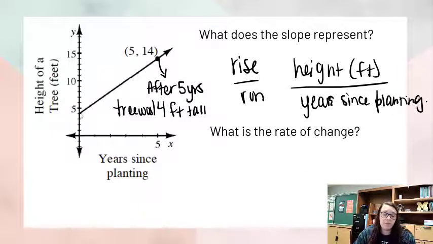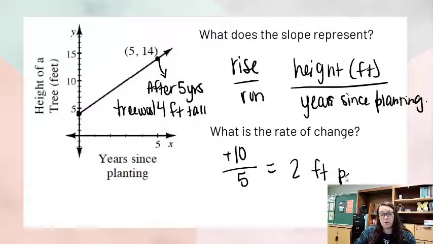So I'm trying to look for the slope in this case, and I see a point here and a point here. So let's see, from 4 to 14, it rose 10. And from 0 to 5, it went up 5. I can reduce that to 2, so I can say 2 feet per year is its rate of change.